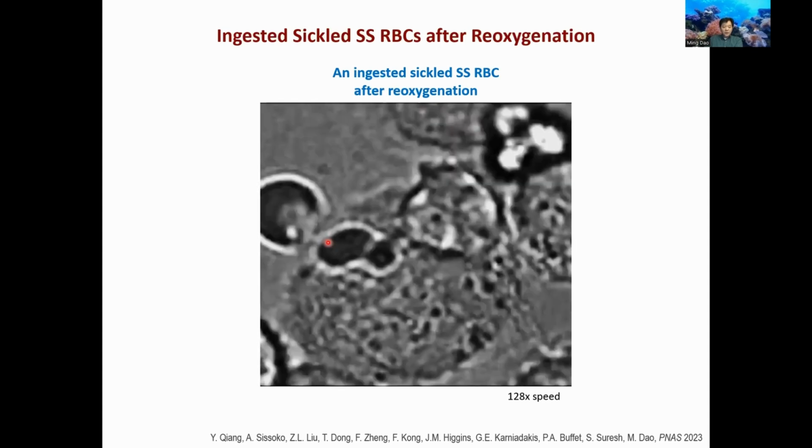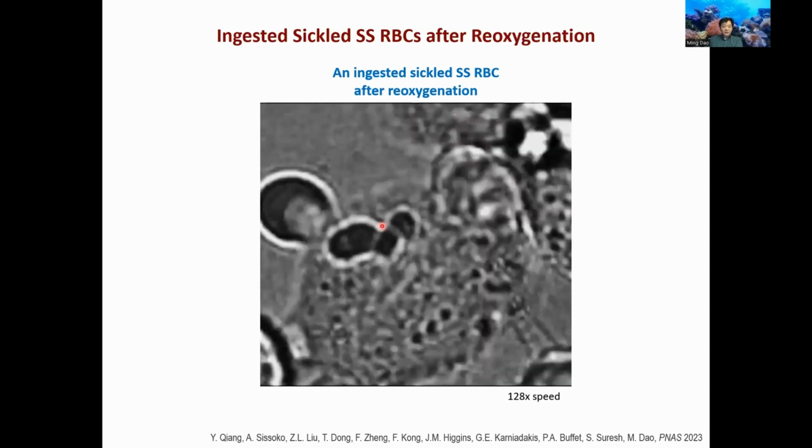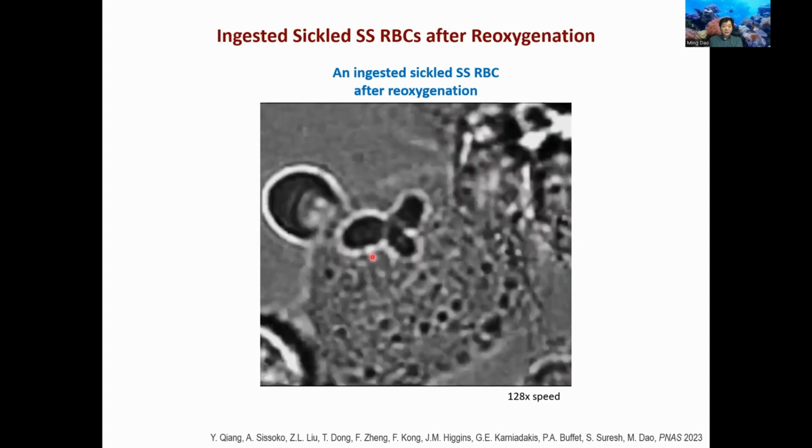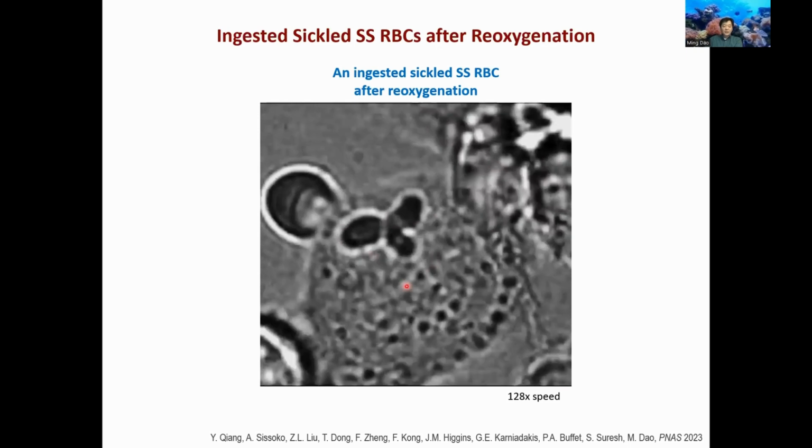You can see it was unsickled, and then it was actually broken down pretty normally, as under normoxia. So if you put oxygen back on, this can, again, help speed up the digestion process. That's a very interesting observation.